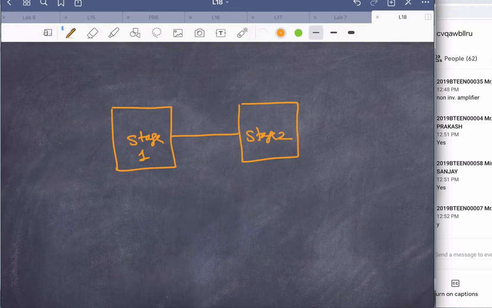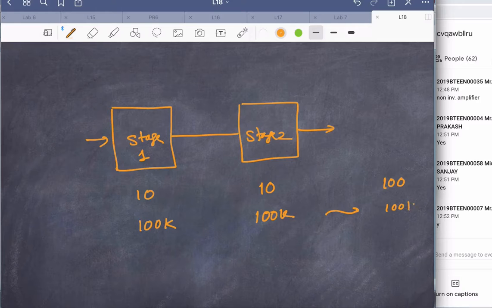It means you have a gain of 10, bandwidth will be 100K, one more stage of gain 10, the bandwidth will be again 100K. So the overall gain will be 100 and the bandwidth will be near about 100K, which you can find out. This you do practically.